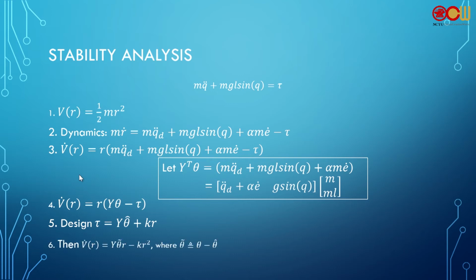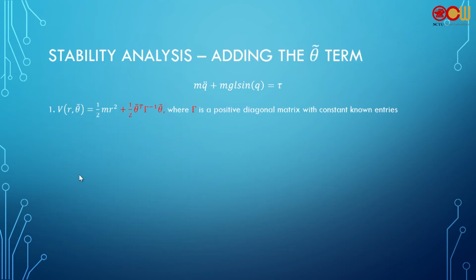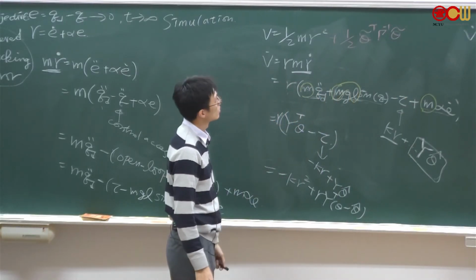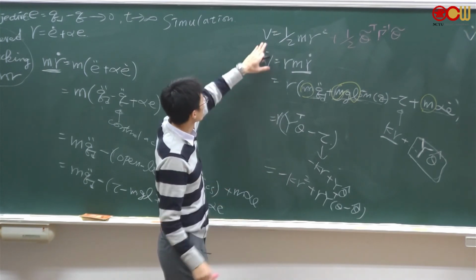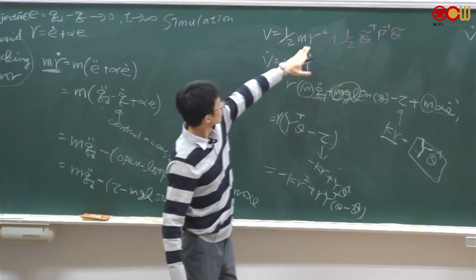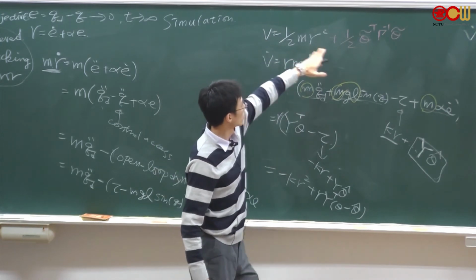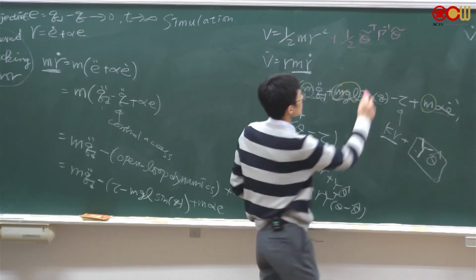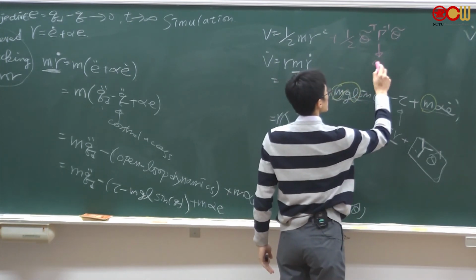So the difference is, next we modify the Lyapunov function as this. We add another term, and we want to show that V will eventually go to 0. That means r will be 0, theta tilde will be 0. And this is some constant matrix.